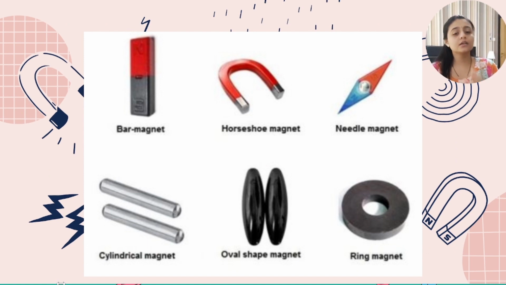So there are 6 types of artificial magnets which are made by humans, man-made: bar magnet, horseshoe magnet, needle magnet, cylindrical magnet, oval shaped magnet, and ring magnets. These sorts of magnets which you can see on your screen are used here and there.